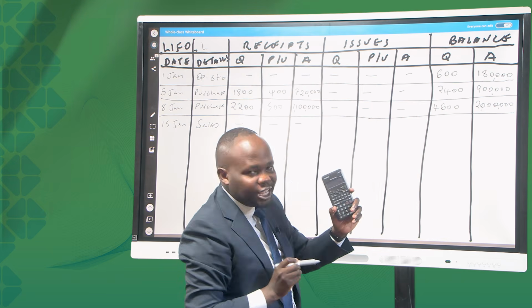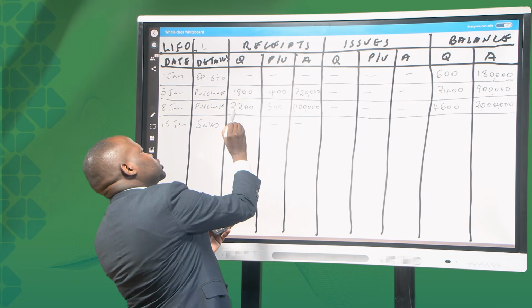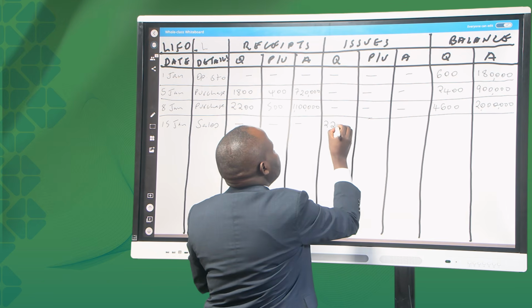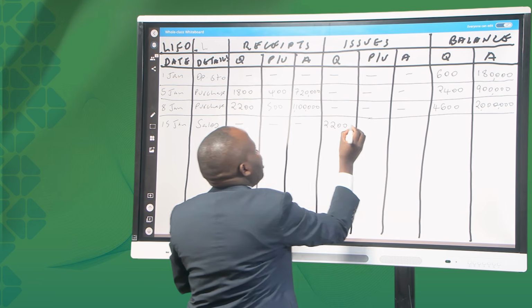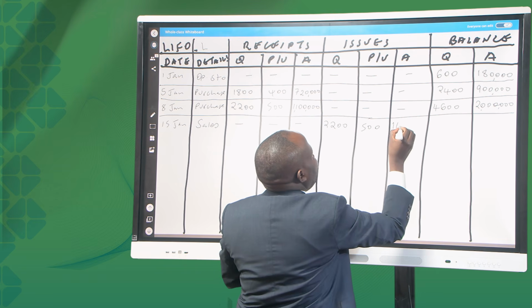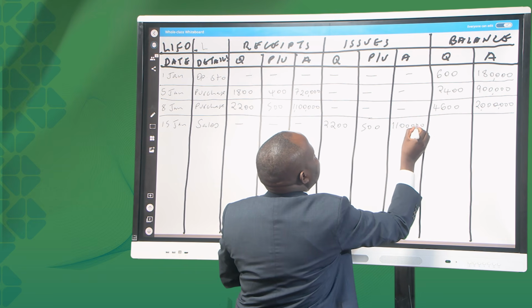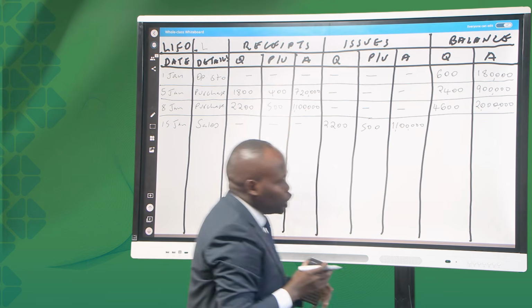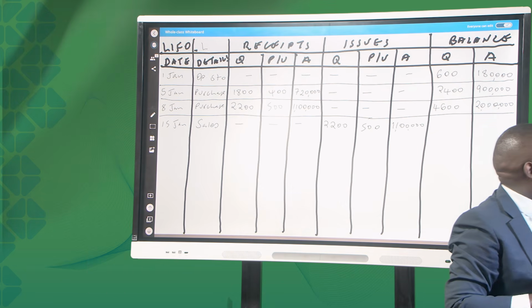But now in last in, first out, we issue the last first, which is 2,200 at a price of 500 to give you 1,100,000. Remember we are to issue a total of 4,200.